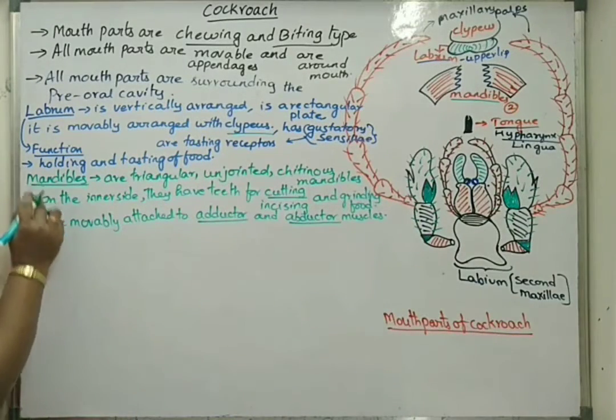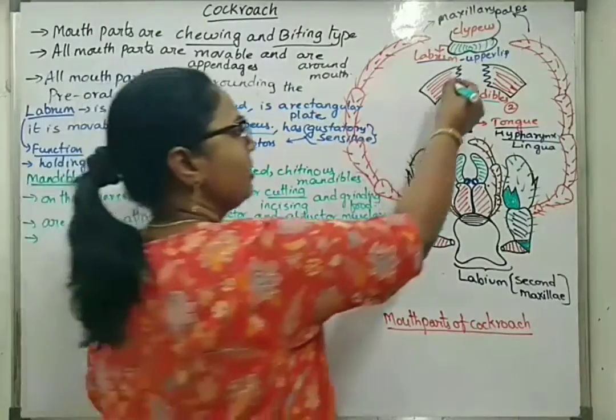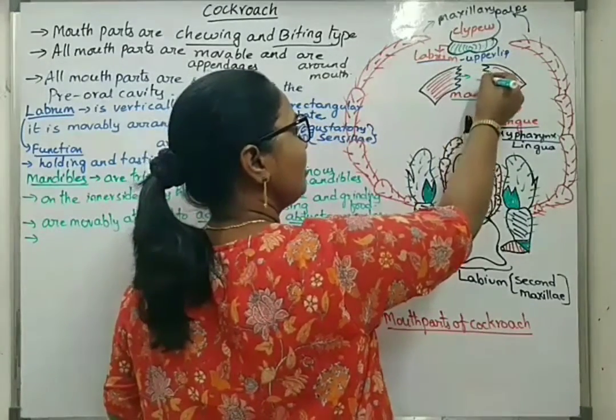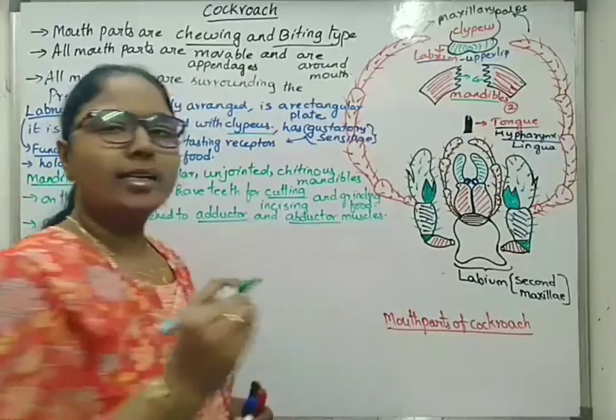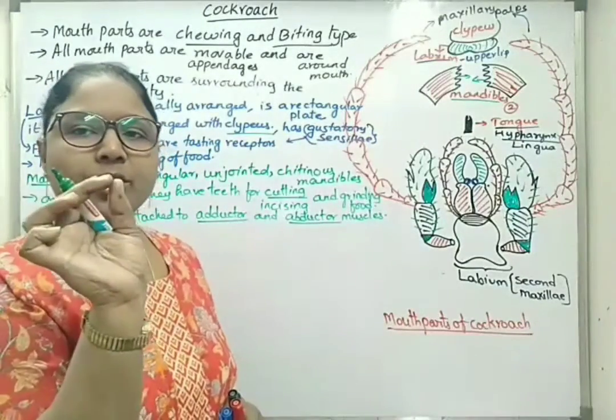Movement of these mandibles is in a horizontal way. This will be moving in this direction to cut, this will be moving in this direction. So the movement of mandibles is horizontal in nature.